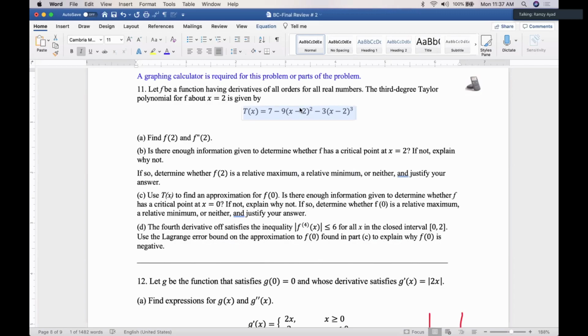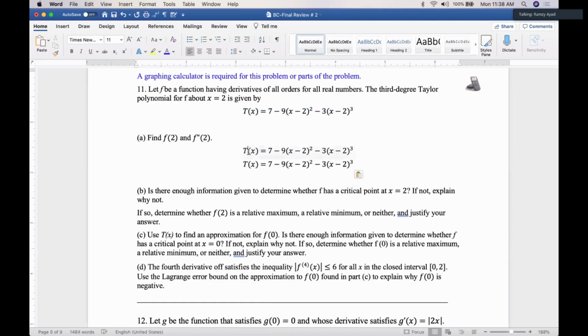Why f of 2? Because 2 is my center. And if 2 is my center, I can evaluate because all terms will become a 0 all the way to infinity plus the first term 7. Yes? Okay. Find the f of 2. We got that 7, right? And f double prime. So let's get f double prime first.